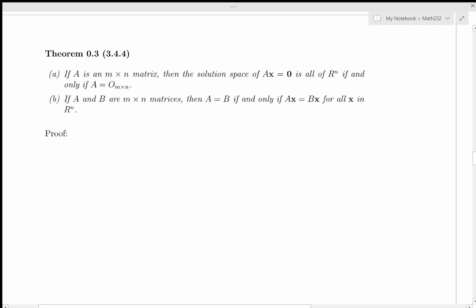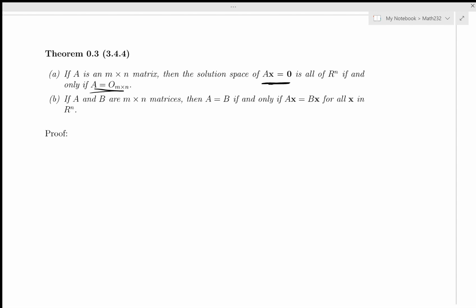Okay, so let us say we've got an m by n matrix A, and we are considering the solution space of Ax equals 0. It is all of Rn if and only if all of the entries in A are 0. We basically just saw an example of this at the bottom when I used that 0, 0, 0, 0 matrix.